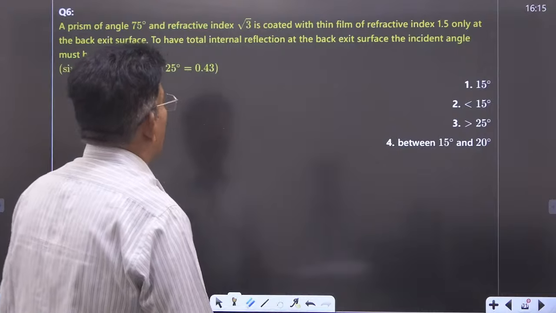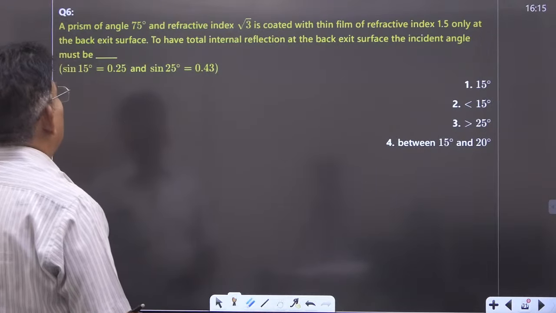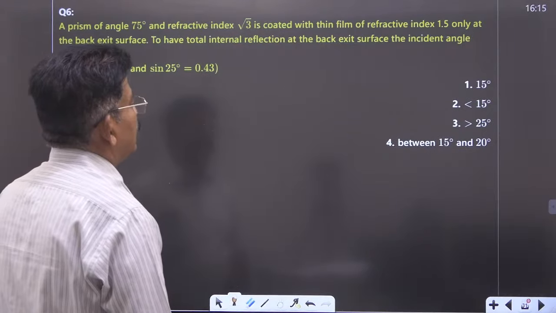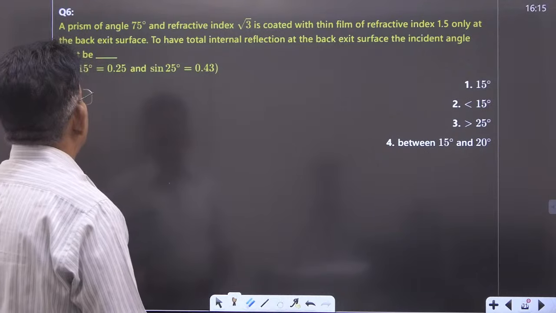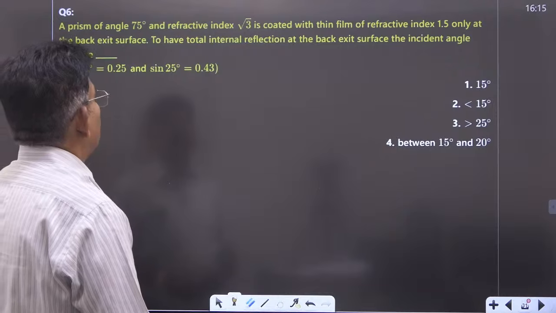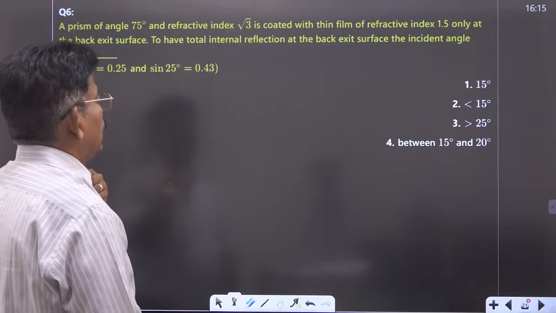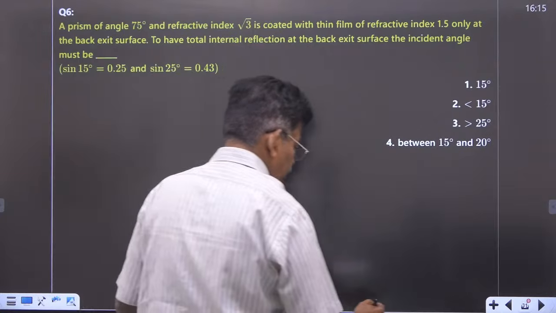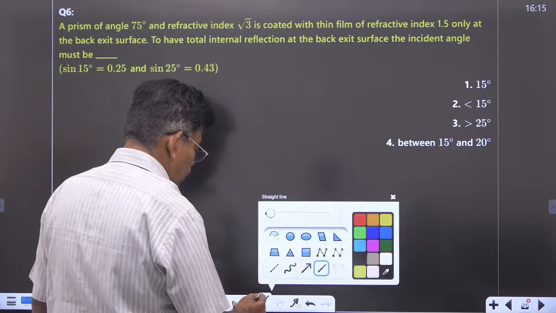Now tell me, this question. Look, a prism of angle 75 degree and refractive index √2 is coated with a thin film of refractive index 1.5. For total internal reflection at the back exit surface, the incident angle at the exit surface must be? Now, let me draw the diagram because it is a diagram based question.